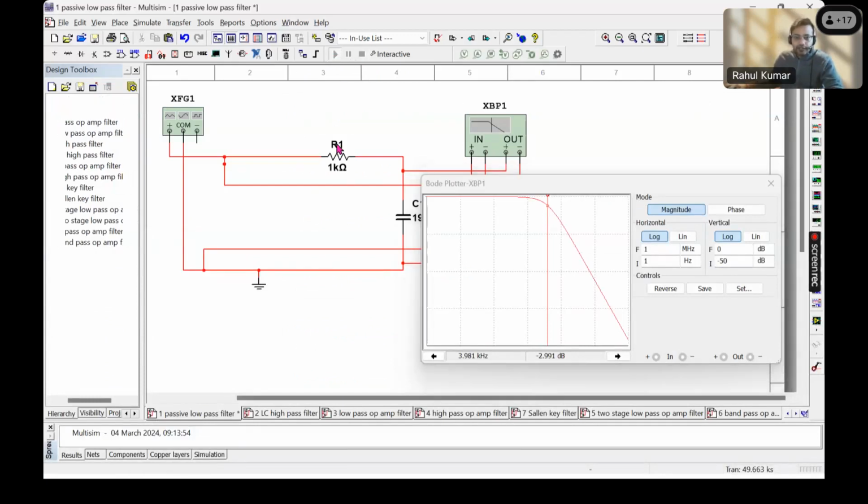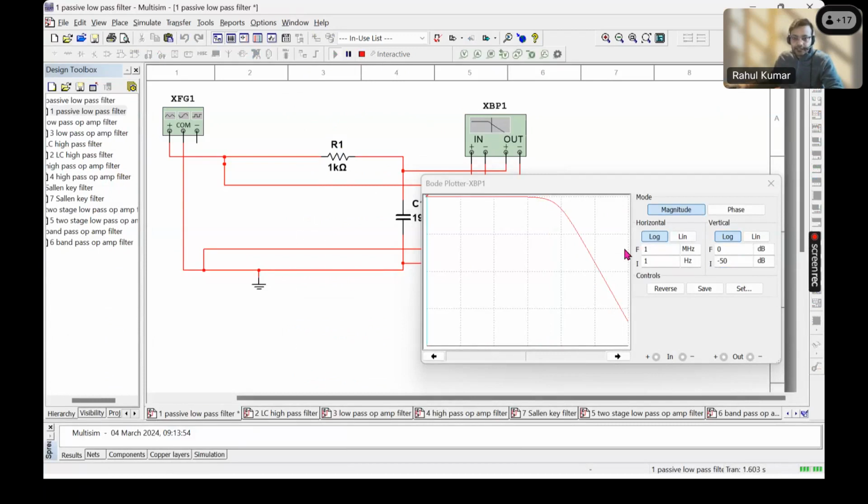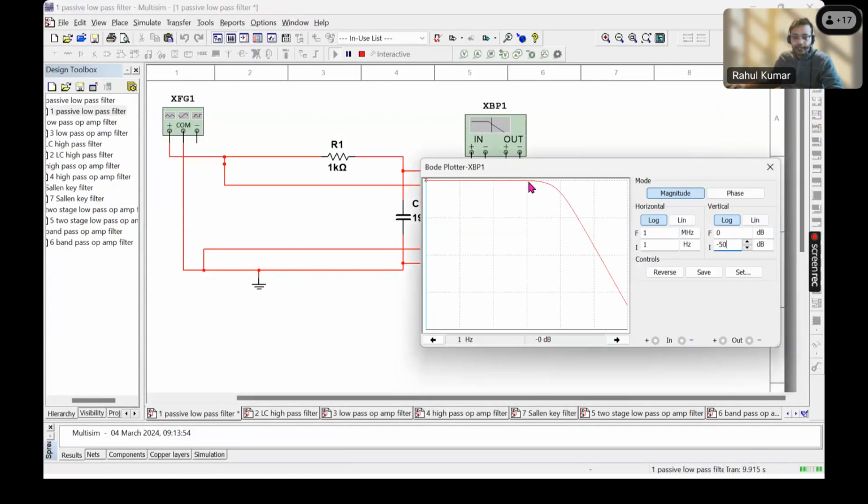Okay, so if we run this, we are getting this type of response. As you can see, it's allowing all the lower frequencies with the same gain, and all the higher frequencies are at a lower gain.